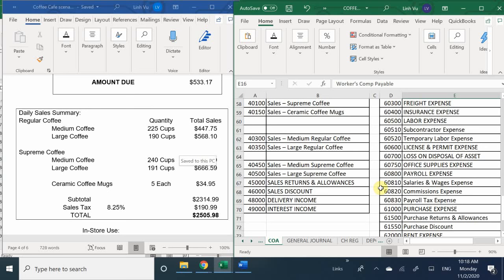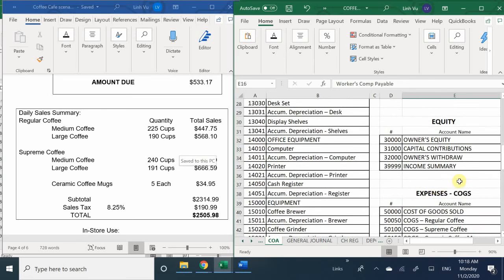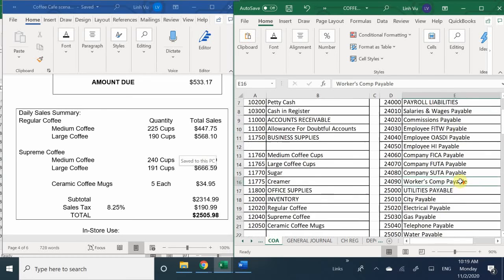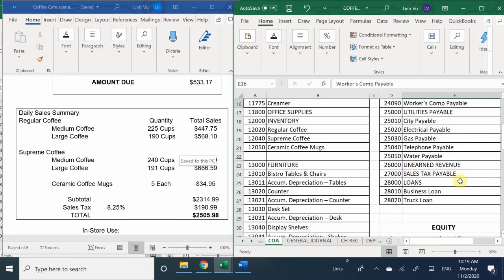What about medium supreme coffee? Supreme coffee, 4,100, and the ceramic coffee mugs is 4,150. And then lastly, what account is our sales tax payable going to be? Tax payable.